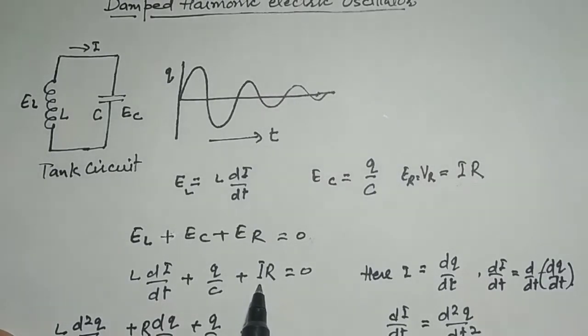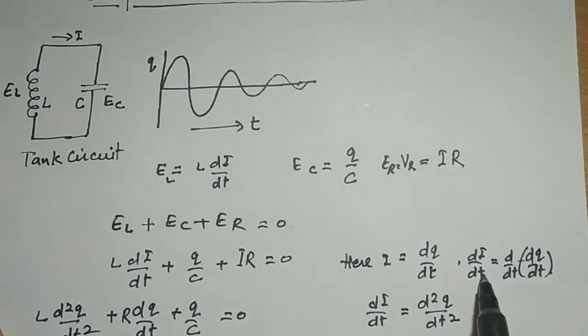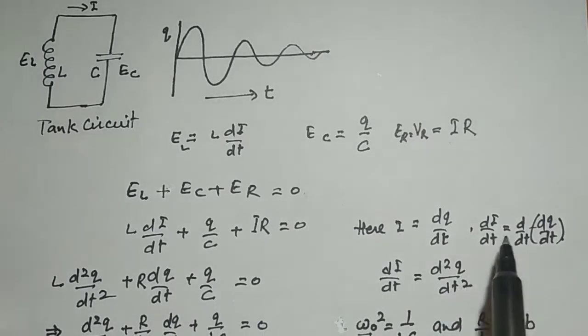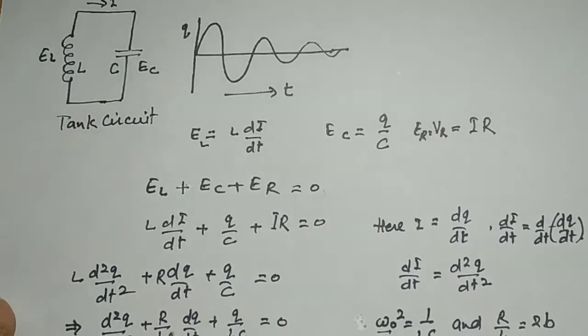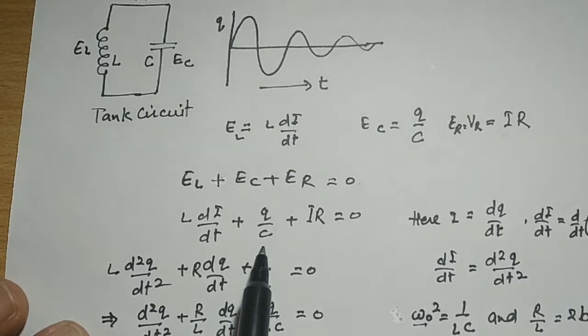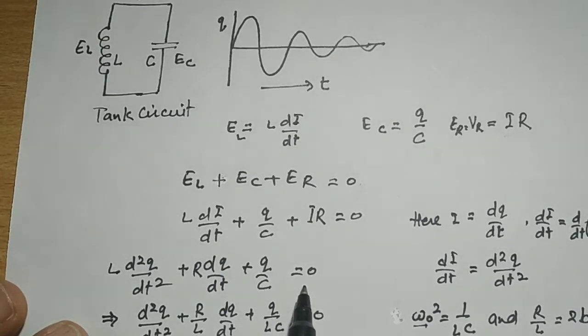Now we can write current I in terms of charge, since the rate of flow of charge is called current, and di by dt is d by dt of I, that is d by dt of dq by dt, which gives d2q by dt square, the double differentiation of charge. If we put all these values in this equation, we get L d2q by dt square plus R dq by dt, this is R times I, plus Q by C equal to 0.